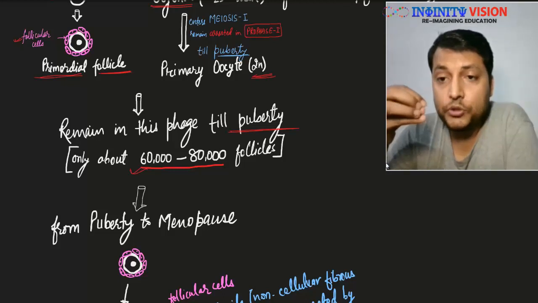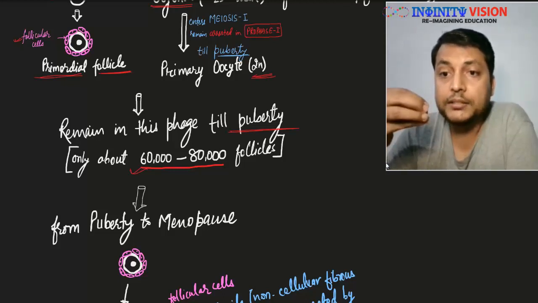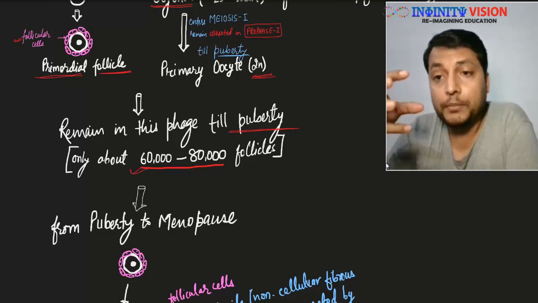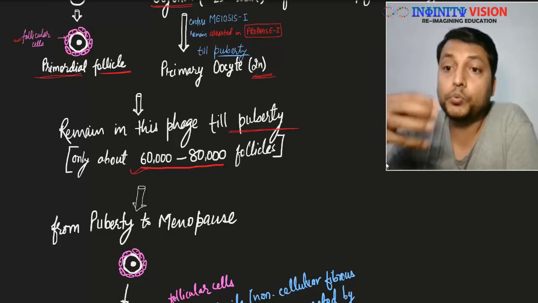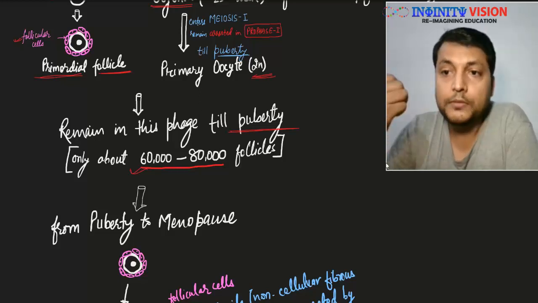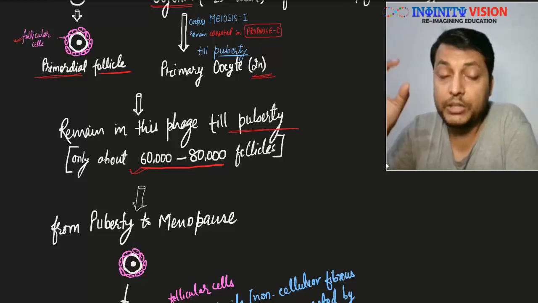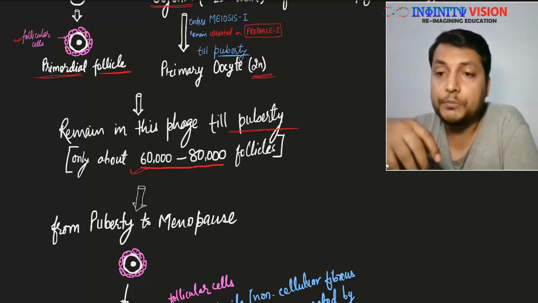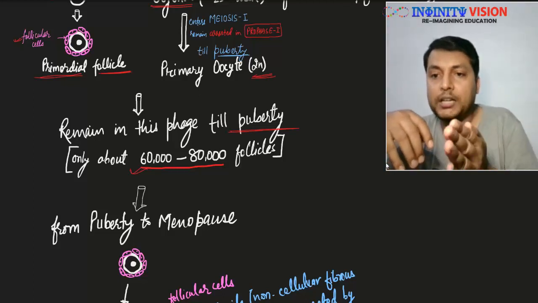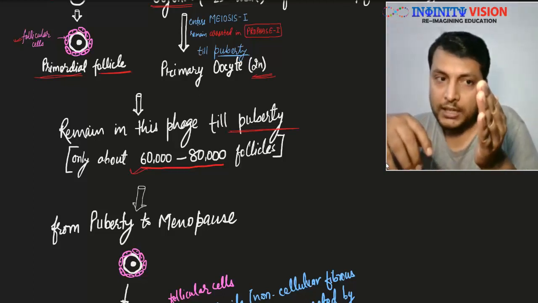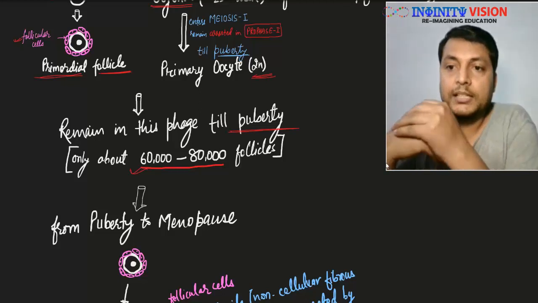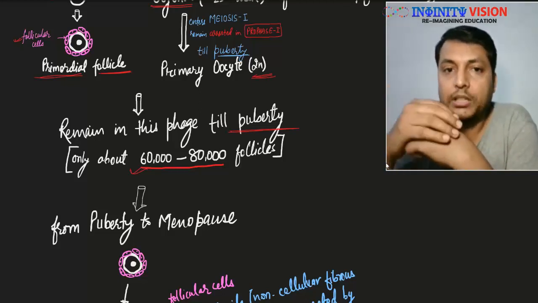Now what happens is, from puberty up to the age of menopause, one primordial follicle in each ovary starts to develop into a matured follicle towards the formation of the female gamete, in each ovary alternately. When I say alternately, it means, suppose in 1 month the right ovary started the process, then in the next month the left ovary will do.